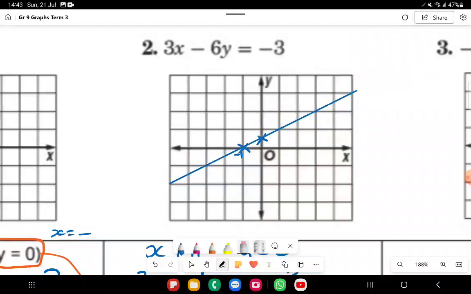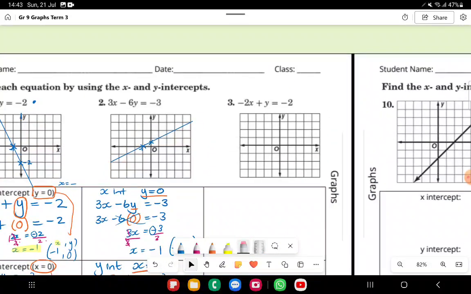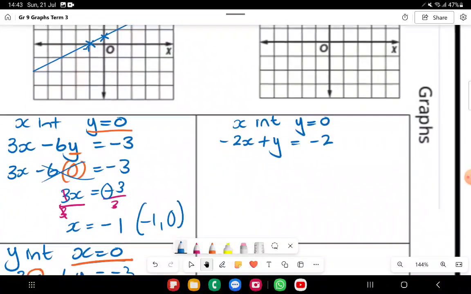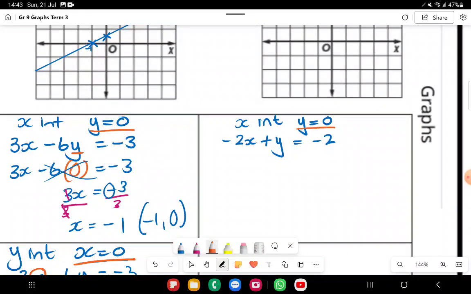Okay, so next question. Same thing. Let's start with x-intercept. Y equals 0. -2x plus y equals -2. Now I'm going to substitute 0 over there. So I have -2x plus 0 equals -2.